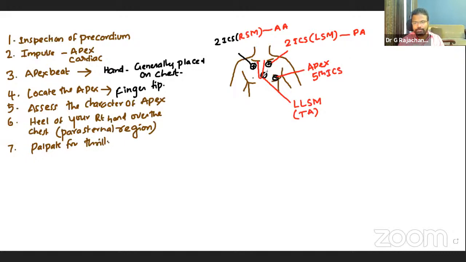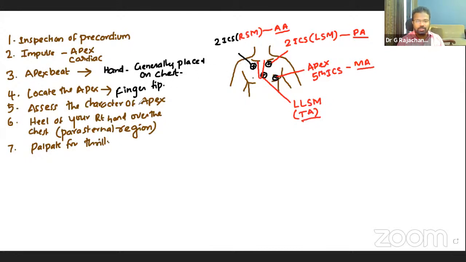If you look from the sternum, it is 3.5 inches. Or if you look from the mid clavicular line, it is 1 centimeter medial to the mid clavicular line. So this is the mitral area. So we have 4 areas: the aortic area, pulmonary area, mitral area, and the tricuspid area.